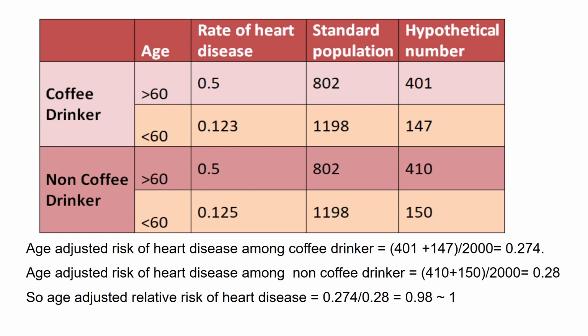So age-adjusted relative risk of heart disease is equal to 0.274 divided by 0.28, which is equal to 0.98, which is approximately equal to 1. So, without taking age into account, risk of heart disease with coffee consumption was 2.